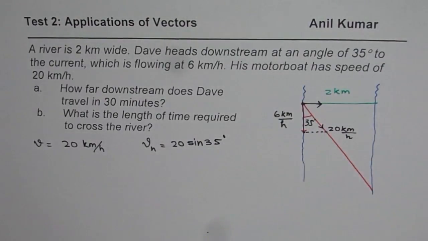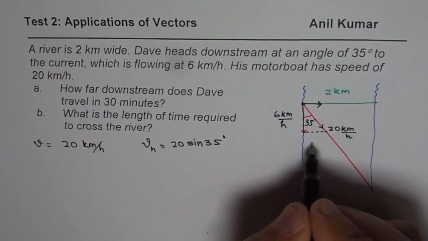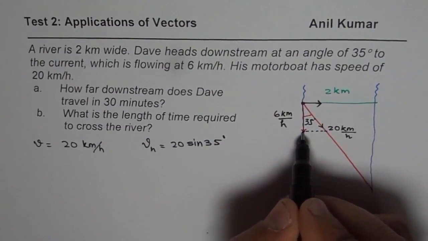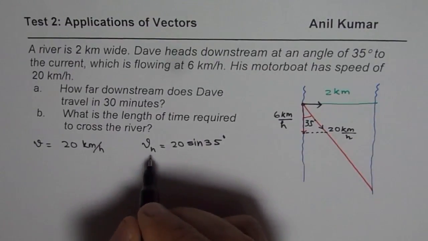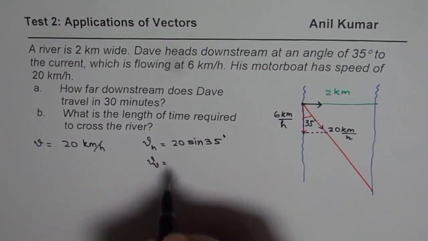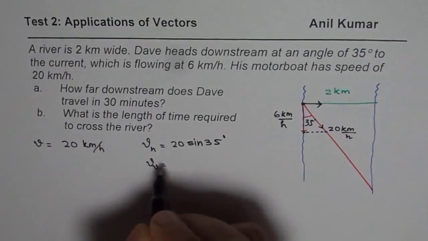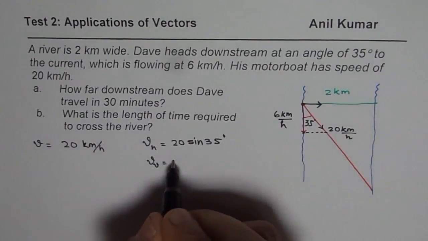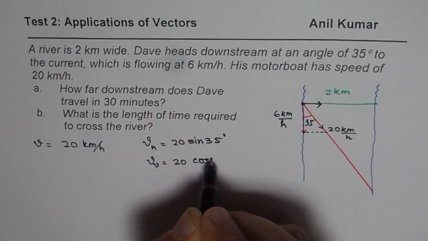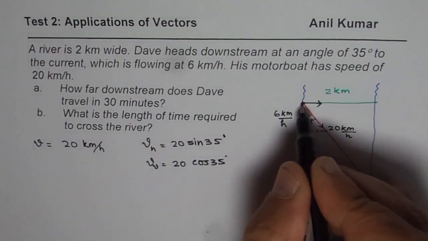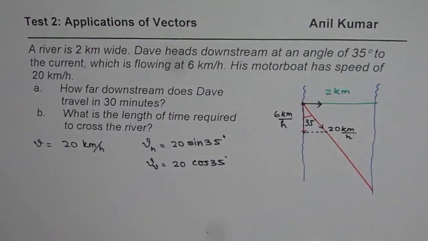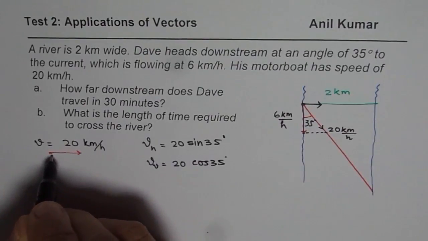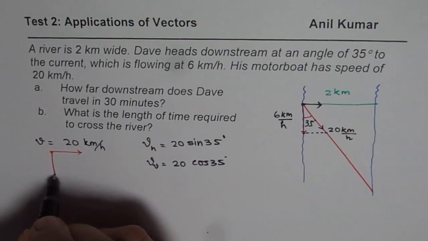So that is your horizontal component of the velocity, which will actually move the boat from this end to the other end horizontally. Vertical component, let's say V, which is downwards in this particular case, will be 20 cos of 35 degrees, correct? So that becomes the vertical component. So what we did here was this particular velocity we have split into two components, horizontal and vertical.